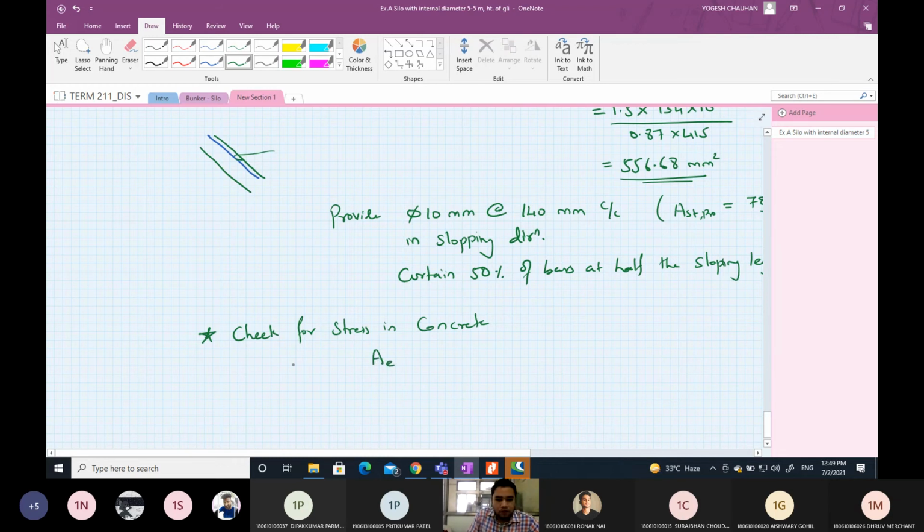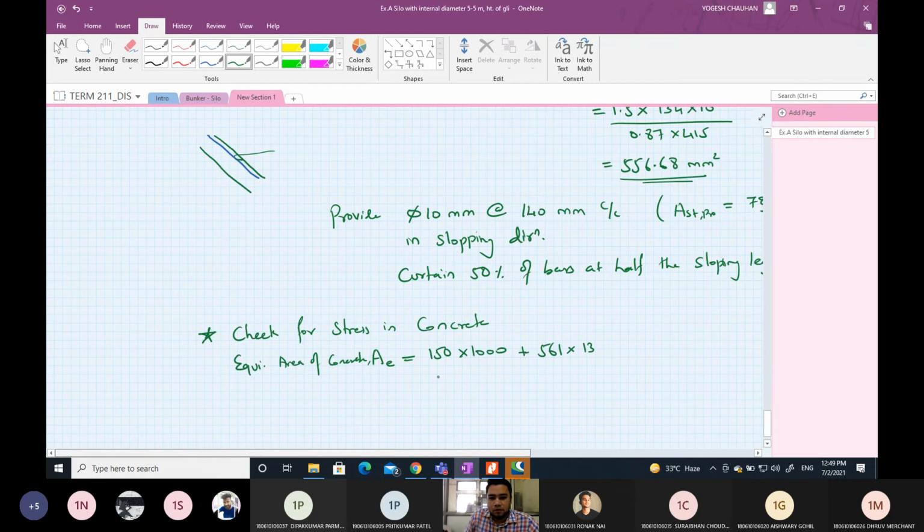So equivalent area of concrete AE will be equal to 150 mm thick slab multiplied by 1 meter width plus the area of steel provided, that is 561, multiplied by the modular ratio.